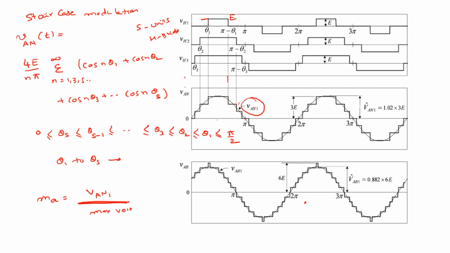So what is the maximum voltage in this case? 3E, right? So the maximum voltage is 3E. This is the RMS value of the maximum voltage.